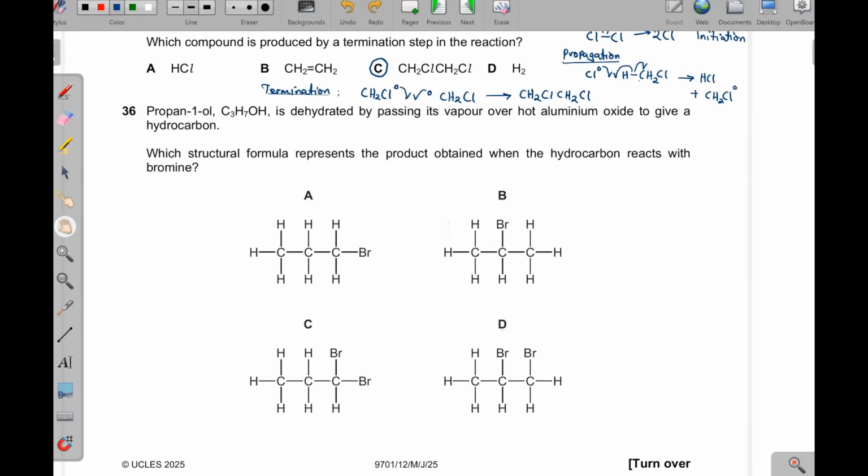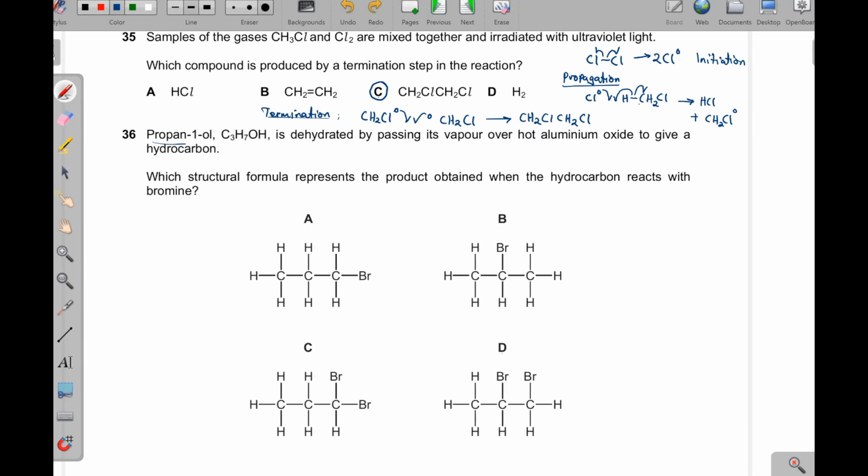Then question 36. Propan-1-ol is dehydrated by passing its vapor over hot aluminium oxide to give a hydrocarbon. The hydrocarbon has to be an alkene. And if this is propan-1-ol, then we are going to have propene.